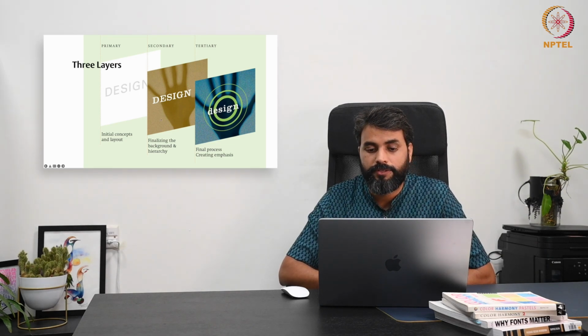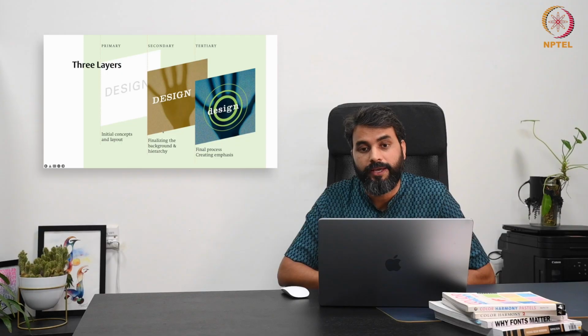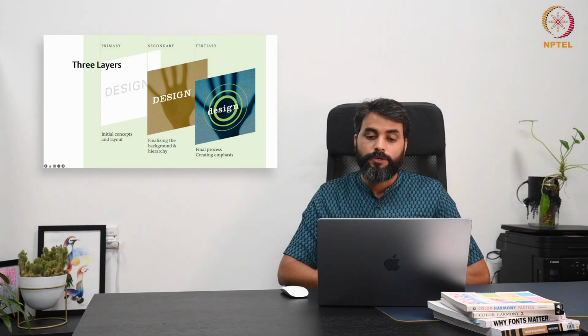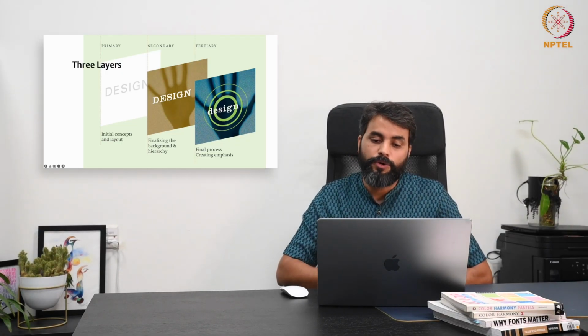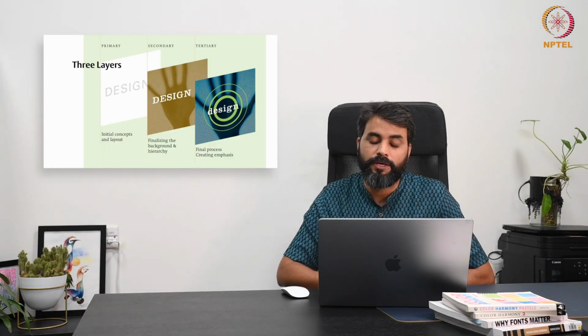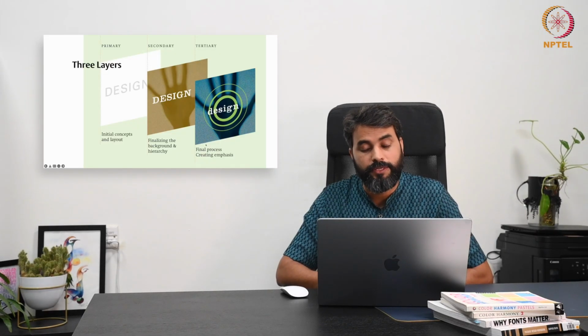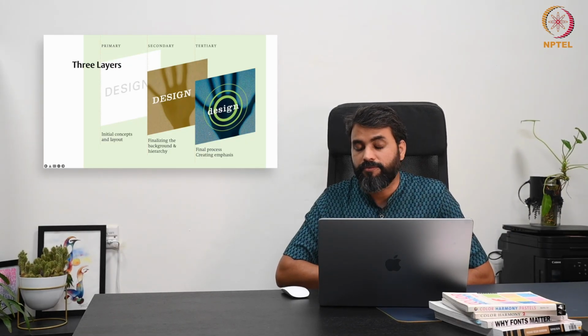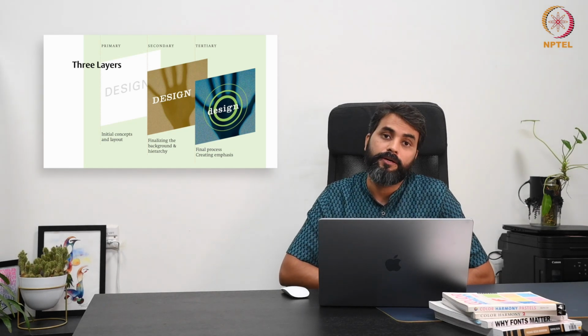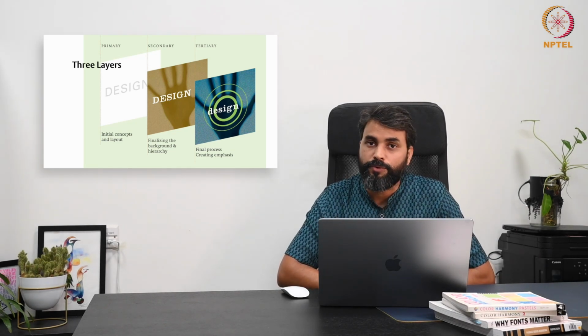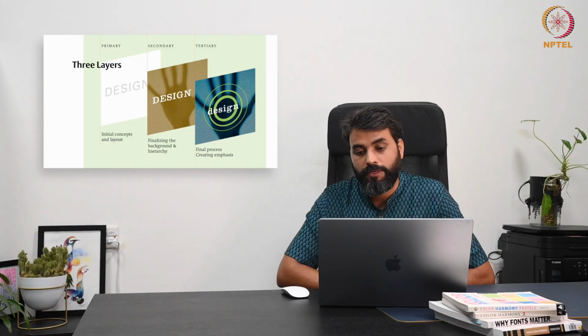The second stage is finalizing the background and hierarchy. There you work with the functional aspect, how you're going to guide the viewer's eye, how you're going to communicate the message, right? And then the third, the tertiary one, is final process and creating emphasis. It is more focused on refining your design and finding out the clues and ways how you can create a very powerful impact on the user or the viewers when he or she is looking at it.